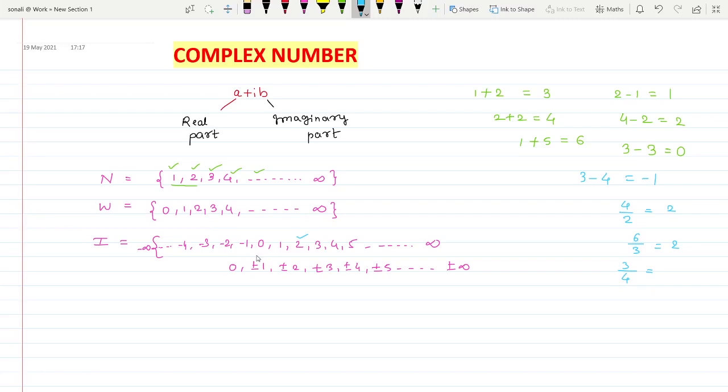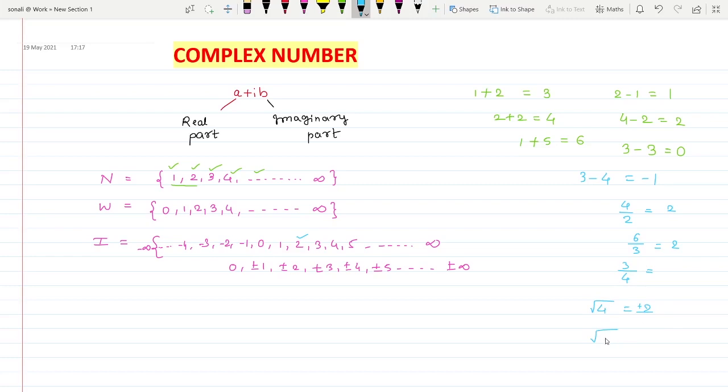So then there comes the set of real numbers. The set of real numbers is a combination of rational and irrational numbers, meaning fractional numbers also. This is your rational number, it is a fraction, there is not a complete division. But if I want to find root 4, I can write it is plus minus 2.